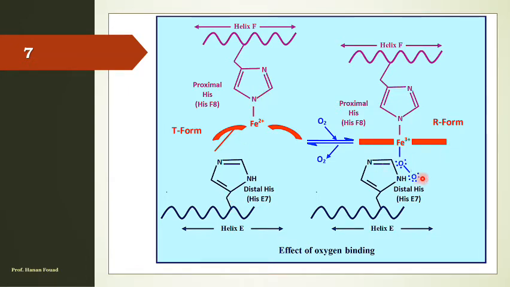Again, when the oxygen molecule binds the ferrous ion, it pulls the ferrous ion downward. As a result, the ring becomes straight. Here the ring is convex or concave, as you see it. Pulling of this iron leads to rupture of the bonds found between the two dimers, and pulling of the histidine attached to helix F to become near the distal histidine, which is attached to helix 7.